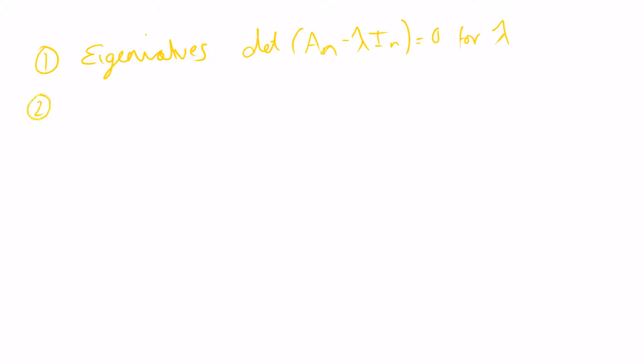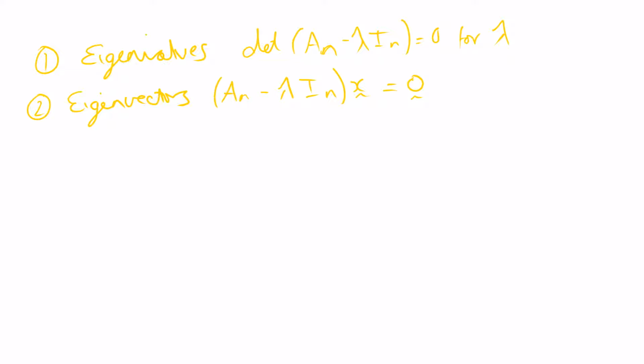To find the eigenvectors, we had to solve the equation A_n minus lambda I_n lots of the column vector x is equal to the zero column vector.